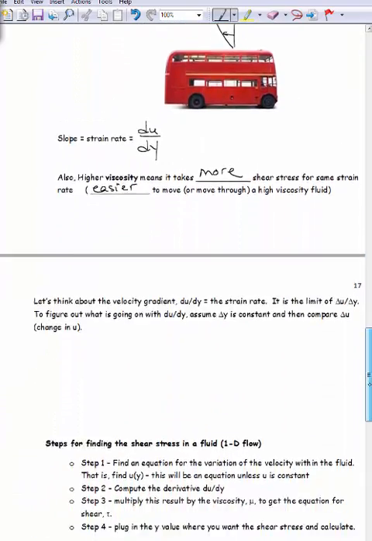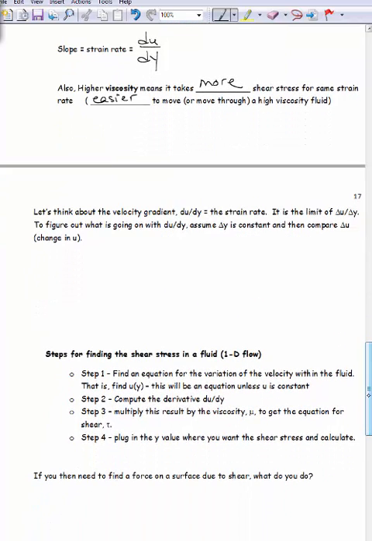So let's think about that strain rate again, and that velocity gradient, and how it is backwards from what we had in calculus. So when you look at a slope, it's not going to look the same way it did in calculus, and the slope is the strain rate. Okay, but in order to think about which case, the fast or slow bus, has the higher strain rate, let's think about, well, what is a du dy?